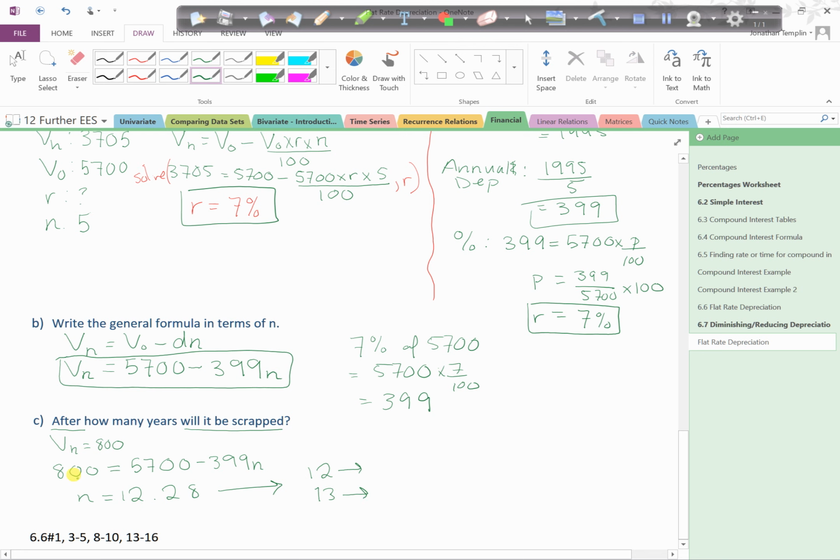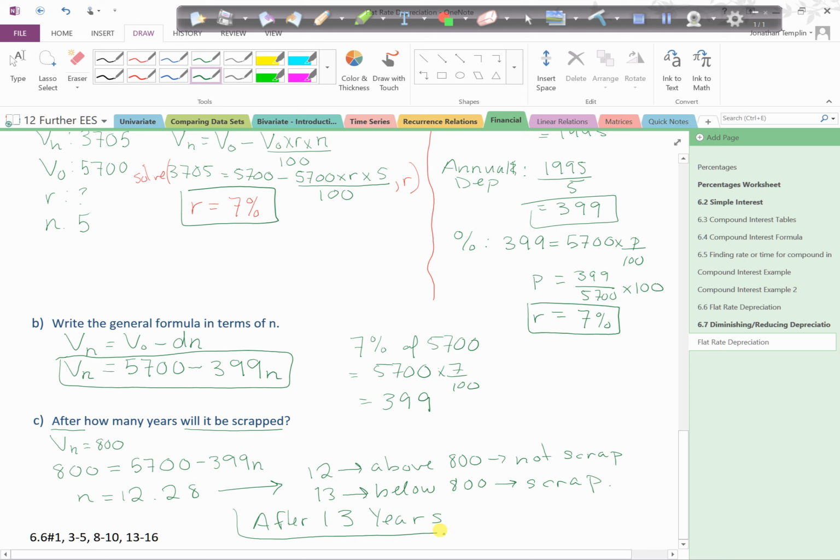Well, if it doesn't get to 800 until partway through the 12th year, that means at 12, it's still above 800, which means it's not scrap. Whereas at 13, it will be below 800, so by then it is scrap. Okay, so the answer here is after 13 years.